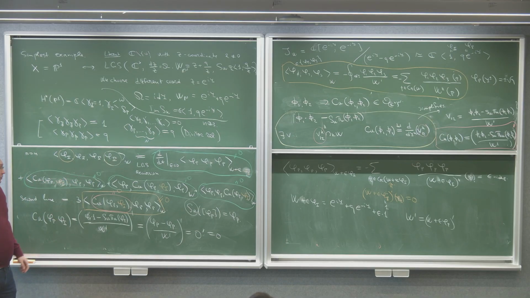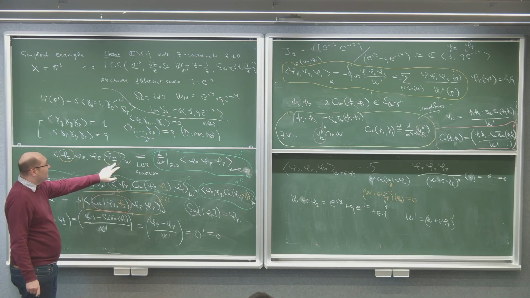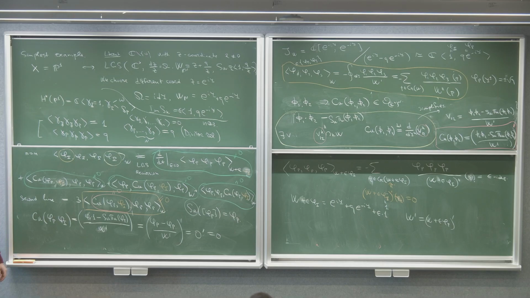Would the answer be the same or different? We will repeat this computation for the same correlation function, but compute it in a different way by performing phi p recursion. That we'll do after the break.